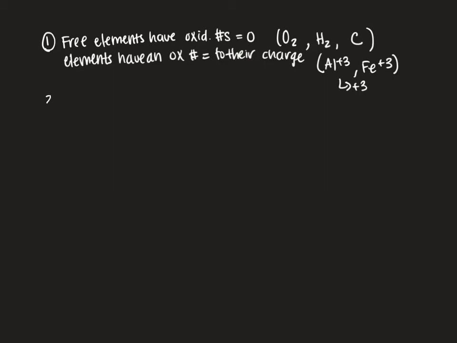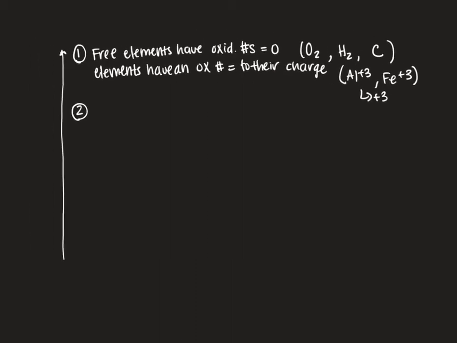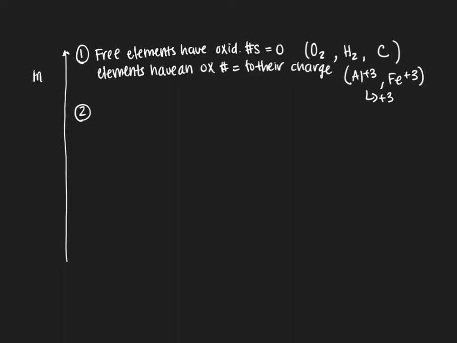The second rule, and notice these rules are ever increasing in priority, which basically means that first you look at rule number 1, and once you figure that out in your compound, move on to rule number 2, and then 3, and so forth.